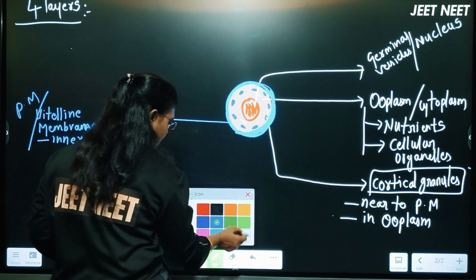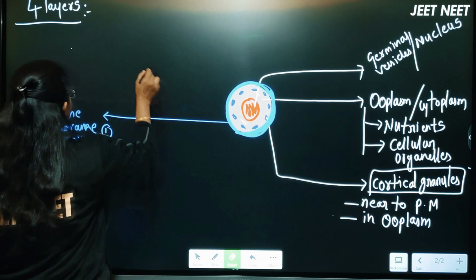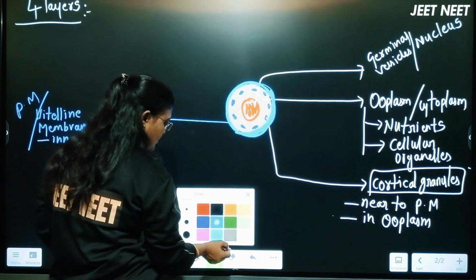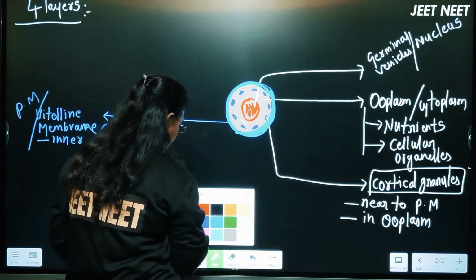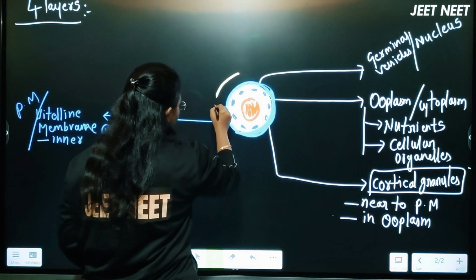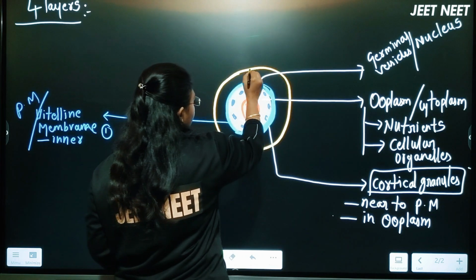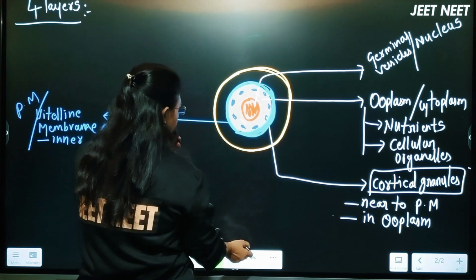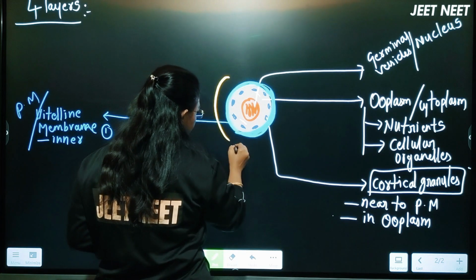Around this we will have the next membrane, the next layer, which we will call the zona pellucida. Look here, whatever I am drawing here now, this is the zona pellucida. I'm sorry, this is not a correct circle.